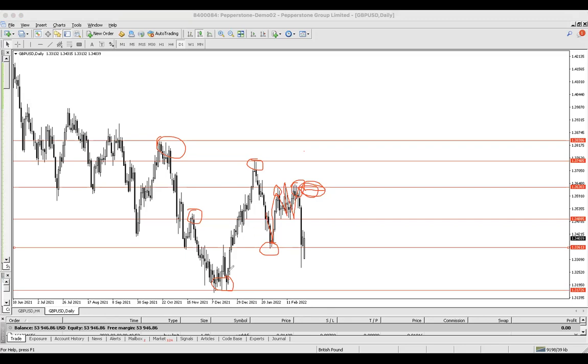Same thing here, you can look at this pattern. Price came nicely like this, and then when it came here, it turned. Why did it turn there? Because of this area. It touched, then went down, right?